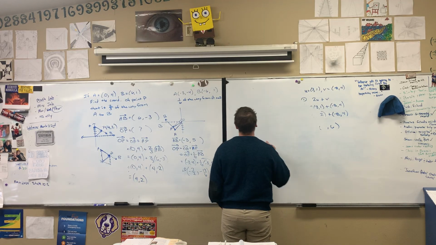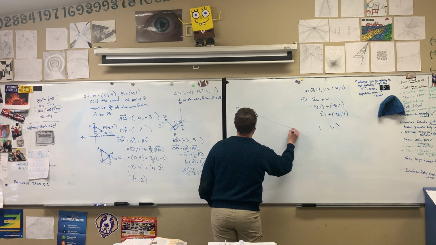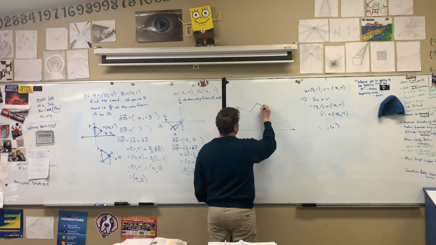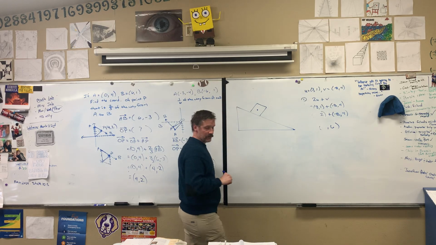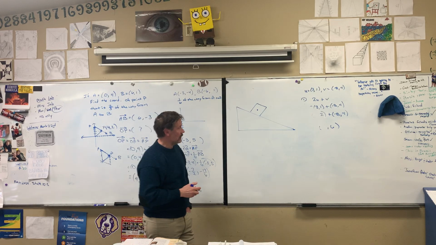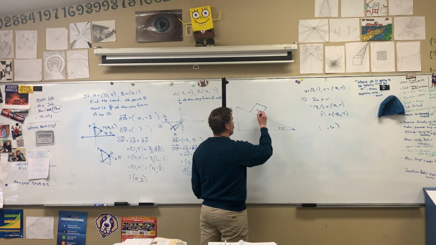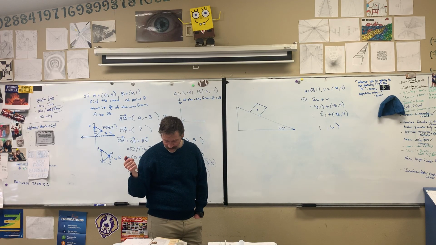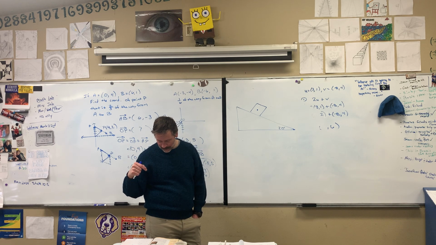You have a ramp which can be drawn like a triangle, and then you have a box sitting on the ramp like this, with its center of gravity. You have a 50-pound box on a 20-degree angle with the ground. It asks you to find the component of the 50-pound force that is parallel to the ramp, and then find the component that is perpendicular to the ramp.